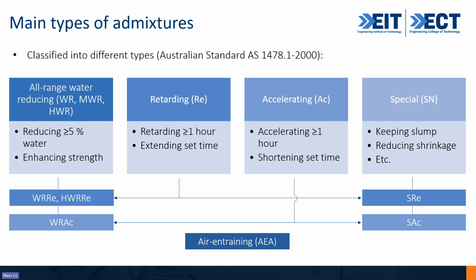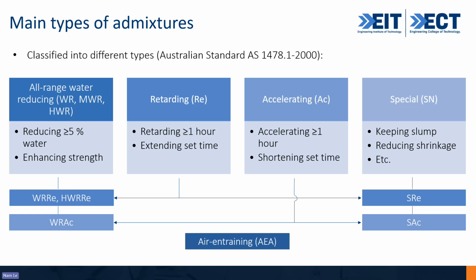We can also have an accelerating effect and a water reducing effect, water reducing and accelerating. And if we have the special one, we can also have retarding admixtures together with another function, and so on, right?